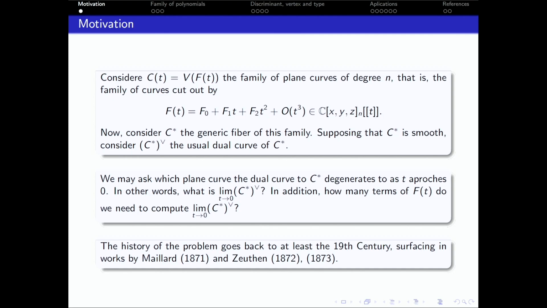In addition, we want to know how to calculate this limit, and more, we want to know how many terms of this family of plane curves we need to consider to compute this limit.